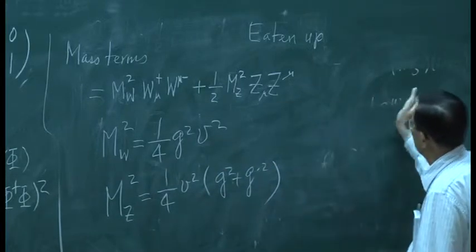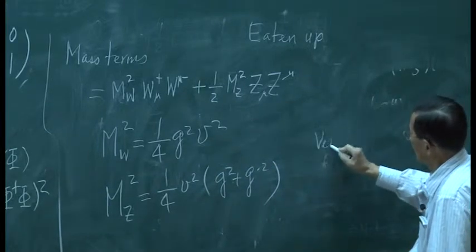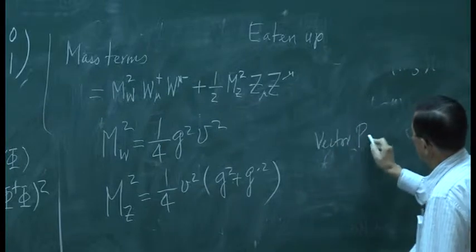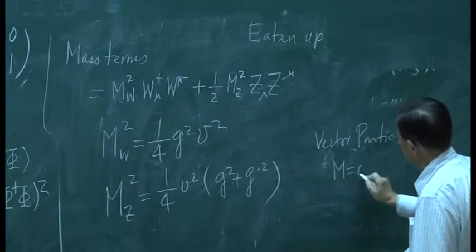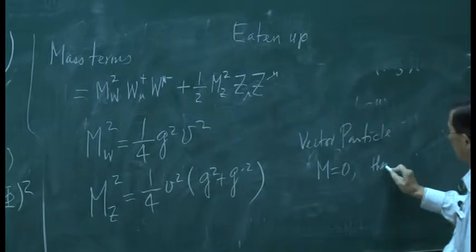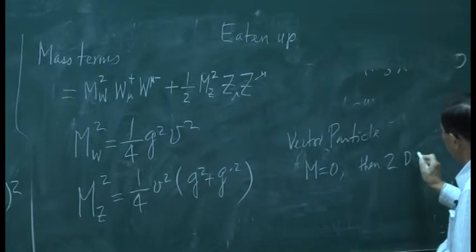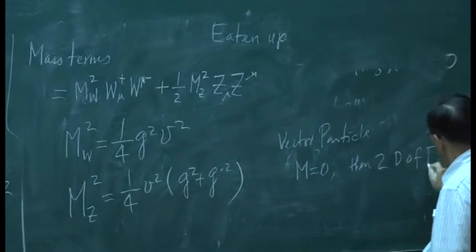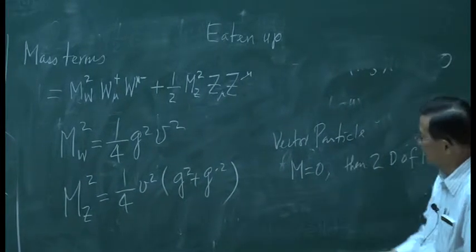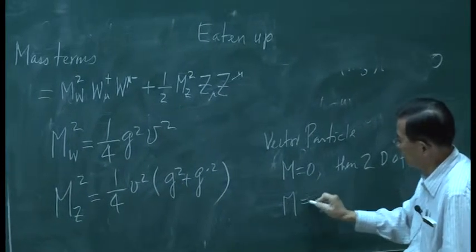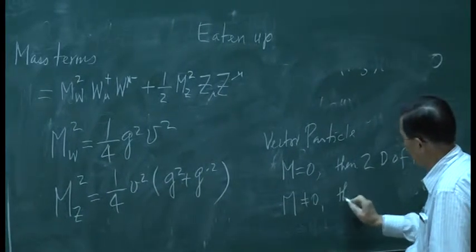Because you know that for a vector particle, if the mass equals 0, then there are only 2 degrees of freedom, just like a photon gets 2 transverse polarizations. If the mass is not equal to 0, then there are 3 of them.